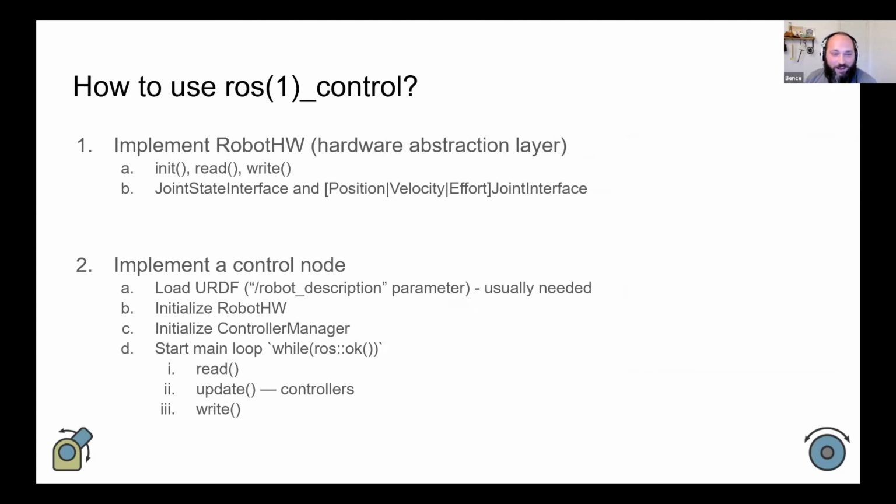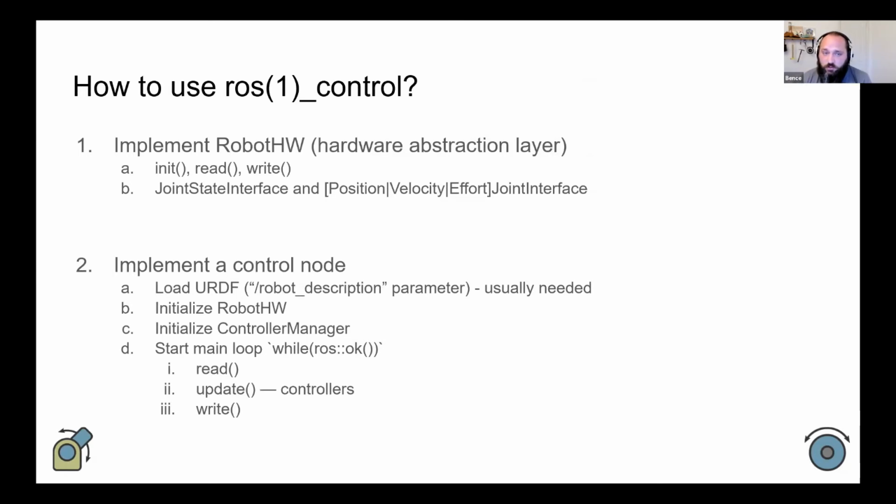So very briefly, how one would go, but actually we already mentioned quite a lot of these. So once again, it's a bit more of a recap at this point. The way to implement a robot hardware in ROS control is basically you would inherit from this base class, and then you would implement an initialization function, a read function, and a write function.